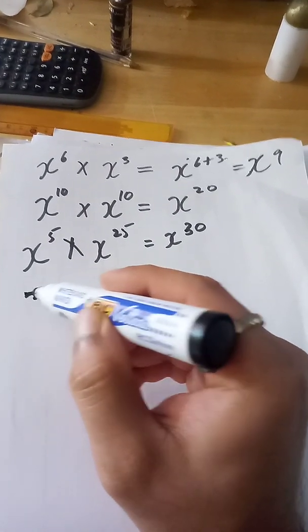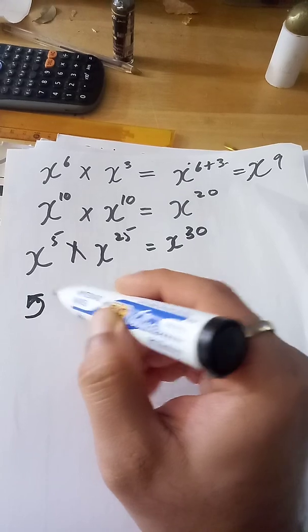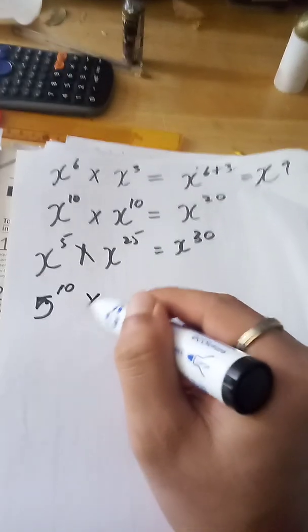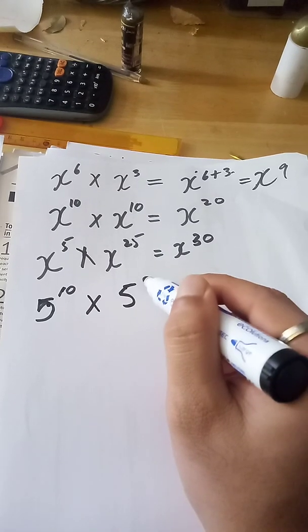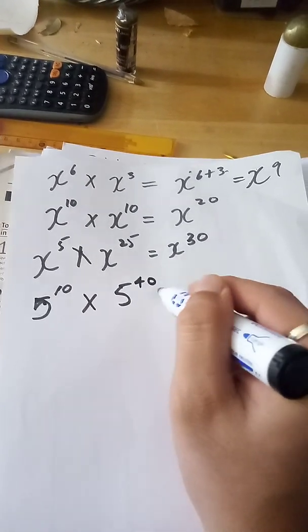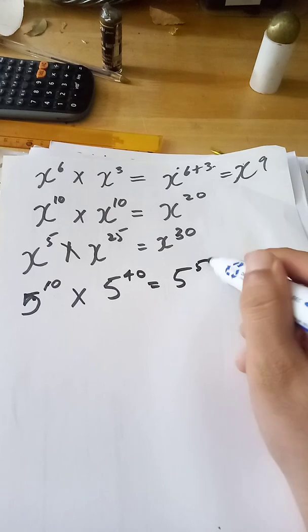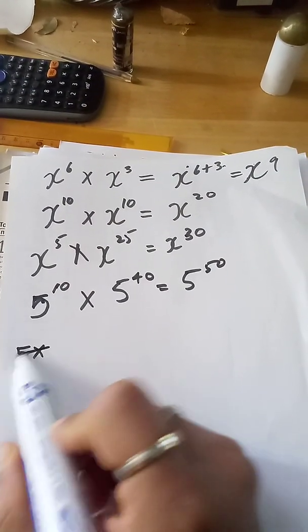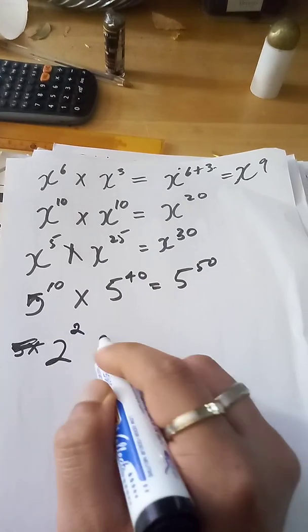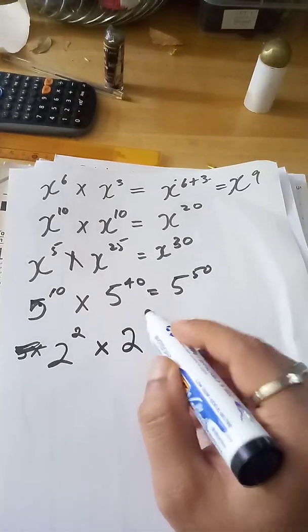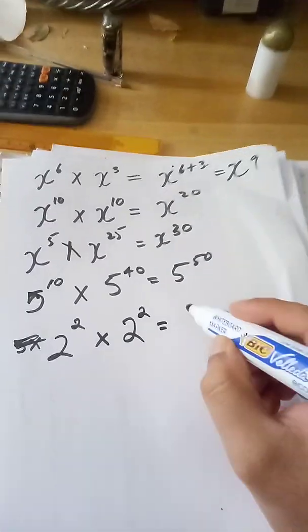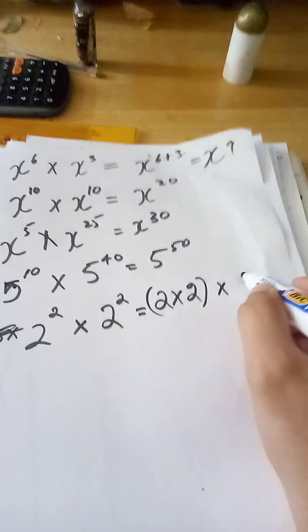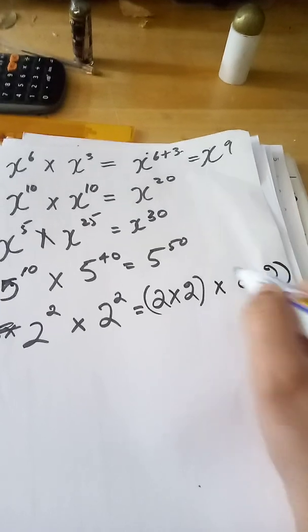And if it's 5 to the power 10 multiplied by 5 to the power 40, it'll be 5 to the power 50. Now I'll demonstrate it. 2 squared multiplied by 2 squared would actually be 2 times 2 times 2 times 2.